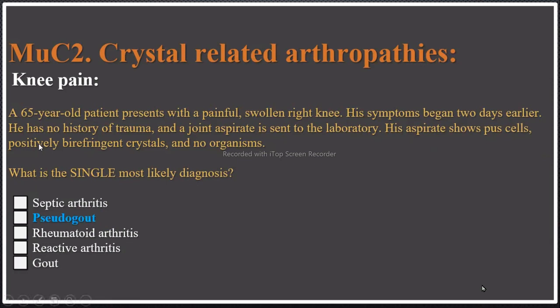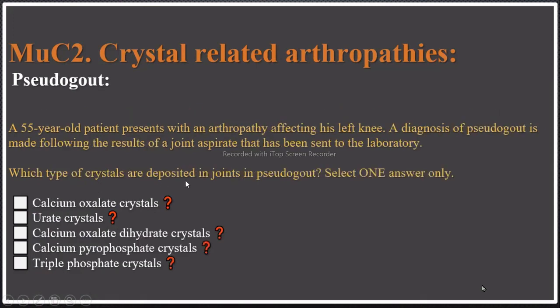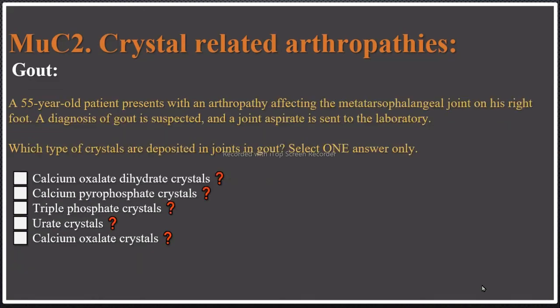Why? Positive birefringent crystal. Negative. Gout. What crystal is deposited in joint in pseudogout? Pyrophosphate crystal. Okay. What type of crystals are deposited in joint in gout?